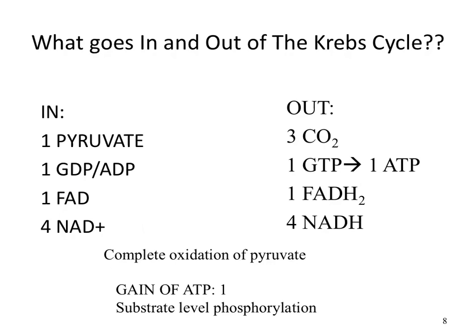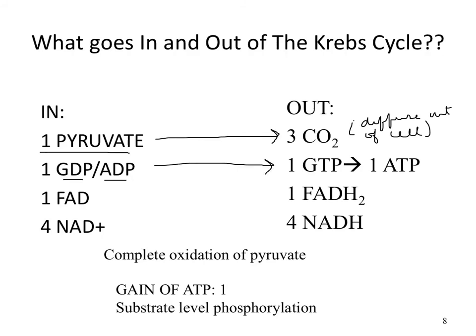So if we think about what goes in and what comes out of the Krebs cycle, 1 pyruvate went in and 3 carbon dioxide came out. Its fate is to diffuse out of the cell. Okay? One guanine diphosphate and one ADP went into the cycle.